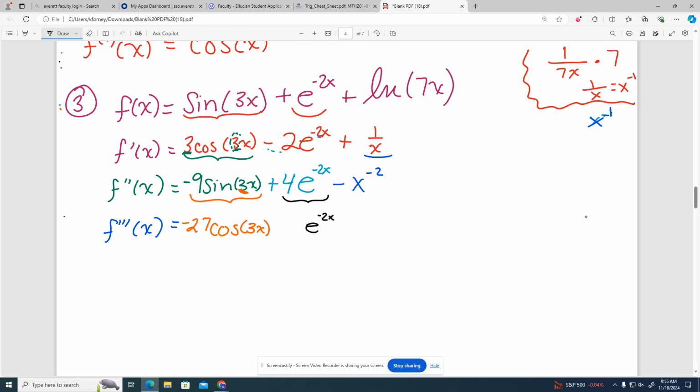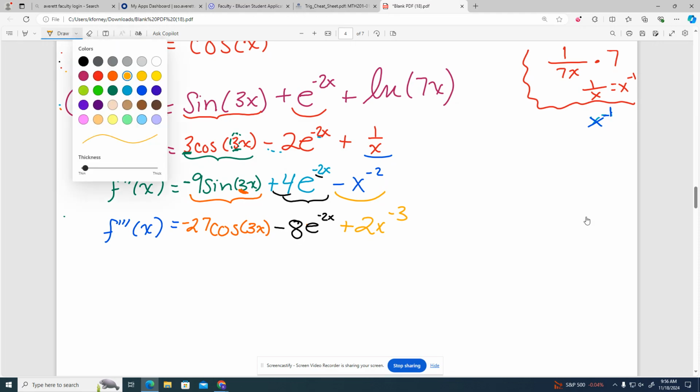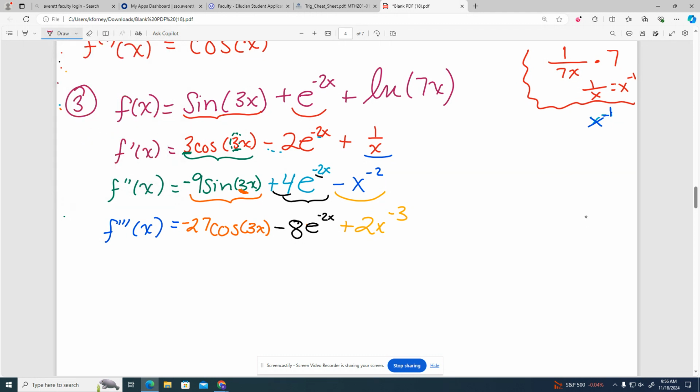E to the negative 2x, the derivative is negative 2 times positive 4, and that gives us a negative 8 e to the negative 2x. And we just take the derivative regularly, no chain rule or anything. So that would become plus 2x to the negative 3. And then we are just going to do one last derivative.